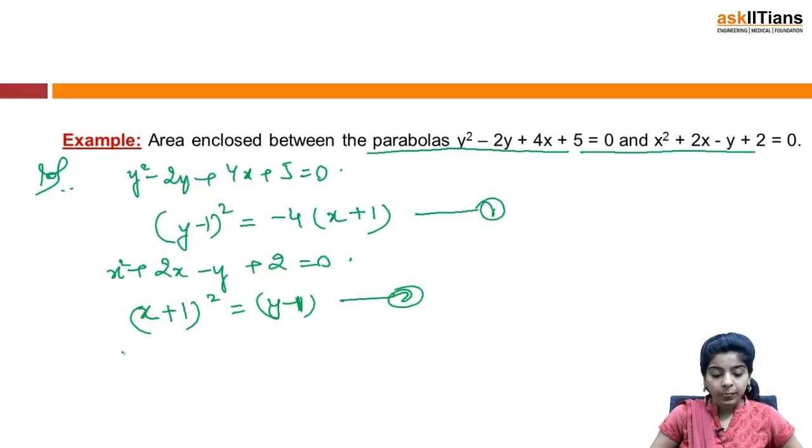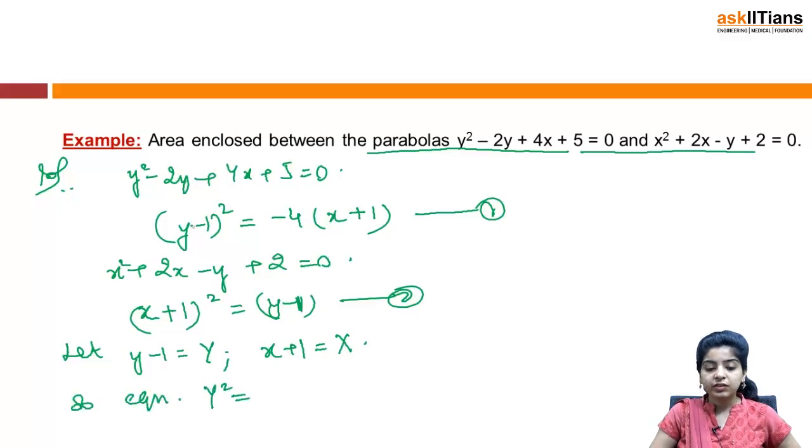Now see, if we shift the origin, I can put y minus 1 equal to capital Y and x plus 1 equal to capital X. So what do we have? This equation becomes Y square equal to minus 4X simply, and then this equation becomes X square equal to Y, right?